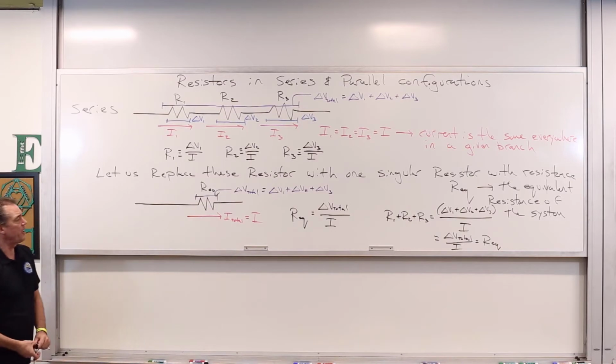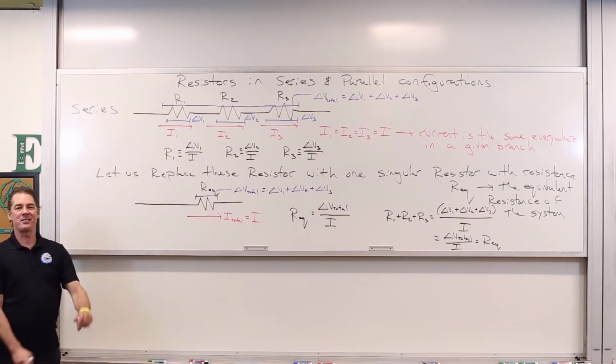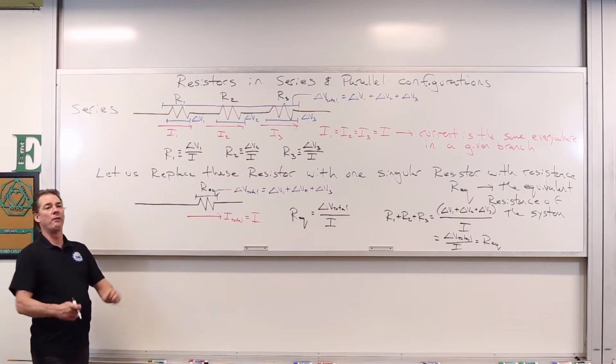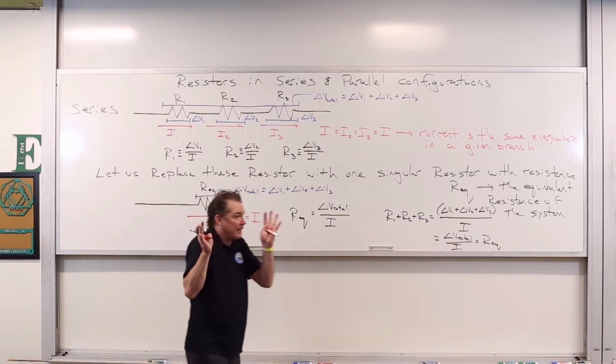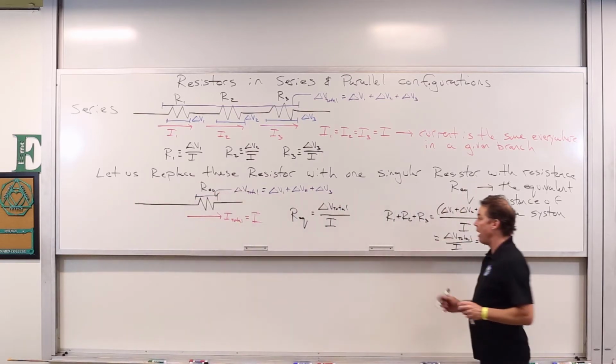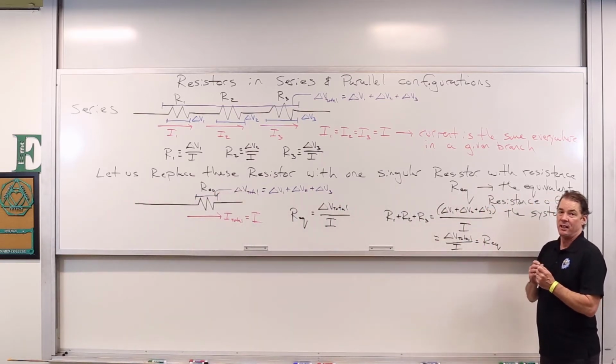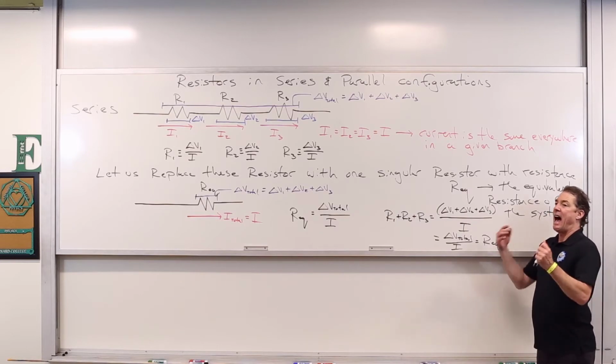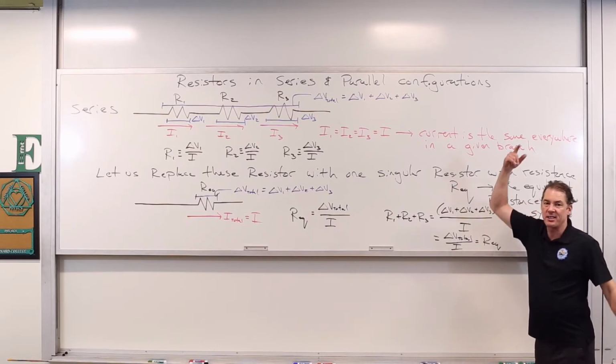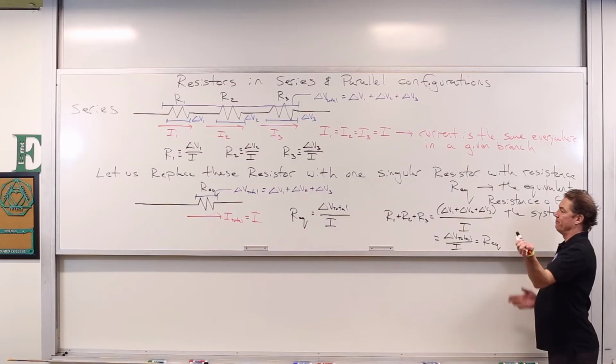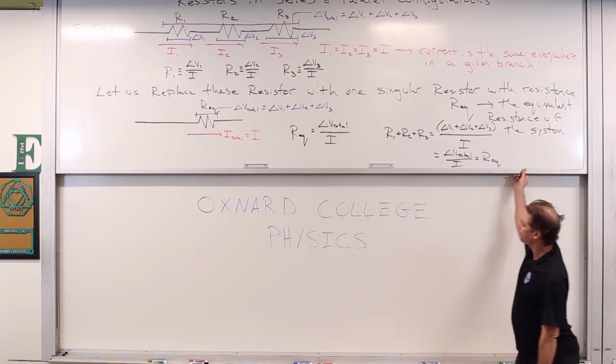So what's the bigger picture here? Hey, when we have resistors that are in series, the equivalent resistance of that band is just the straight across sum of the individual resistors. Resistors add straight across when they are in series.